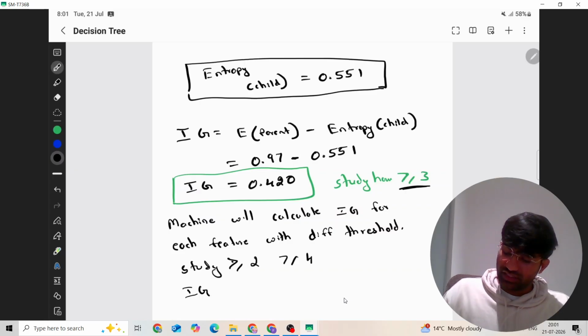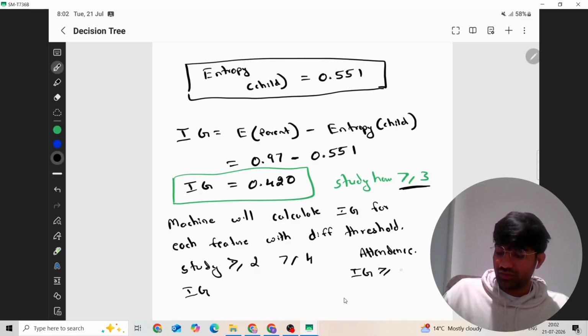And next it will calculate again for the attendance feature. For attendance, it will calculate the information gain for attendance greater than or equal to 70%, attendance greater than or equal to 60%. It will calculate all the information gains.